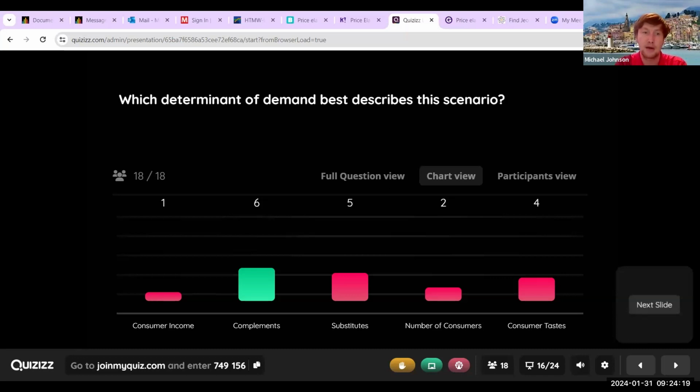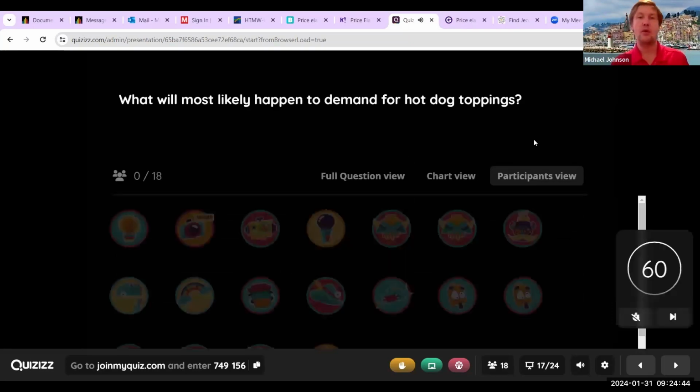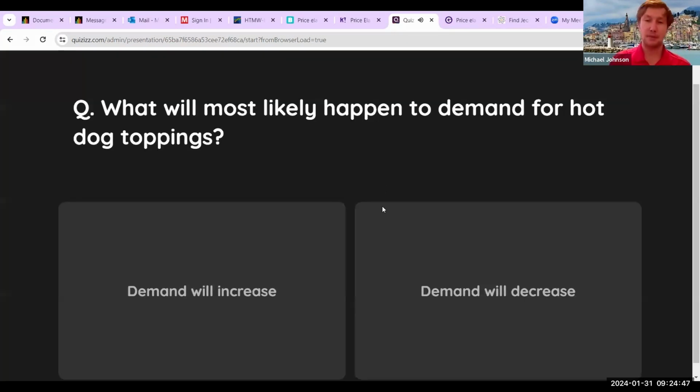And then if the price of toothpaste goes up, quantity demanded of toothpaste and toothbrushes go down. So they're usually bought together. That's complements. So good job. So what will most likely happen to demand for hot dog toppings?